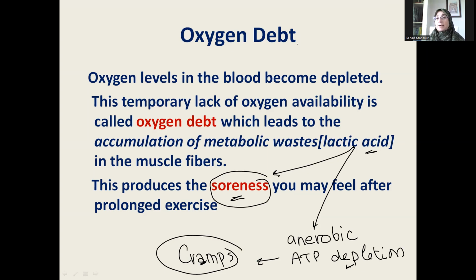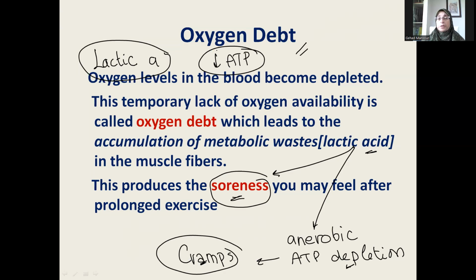Why do we call that status a state of oxygen debt? Because how are we going to get rid of that? We have two problems now. We have lactic acid that causes the soreness, and we have depletion of ATP. These two problems that make your condition very uncomfortable can be solved by resuming or replenishing oxygen in your body, replenishing the cells with oxygen.